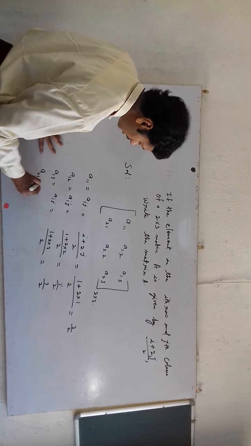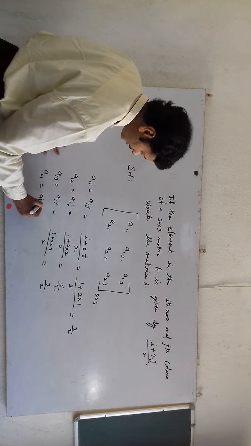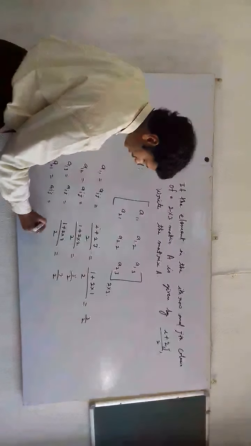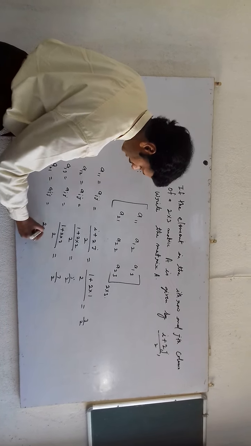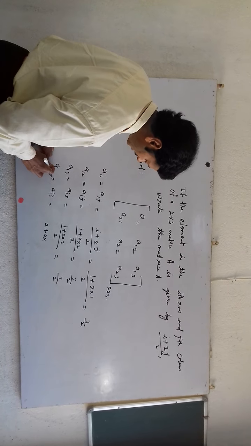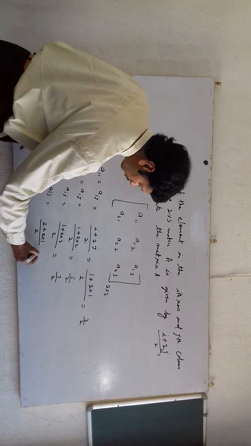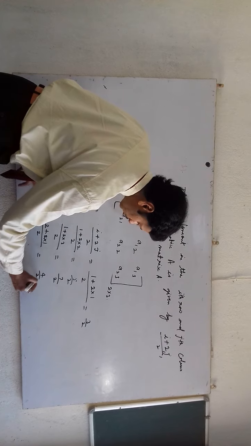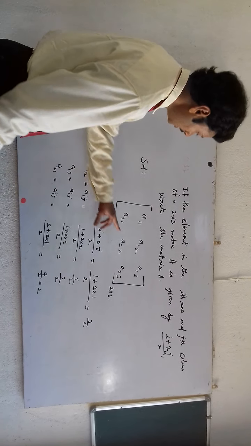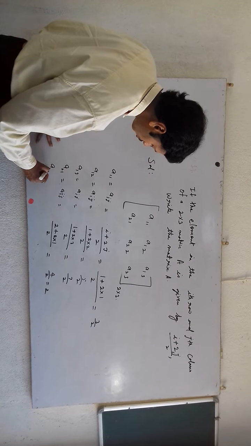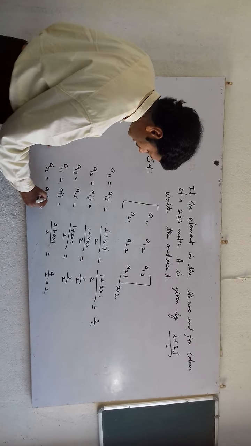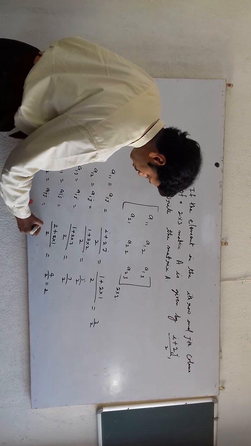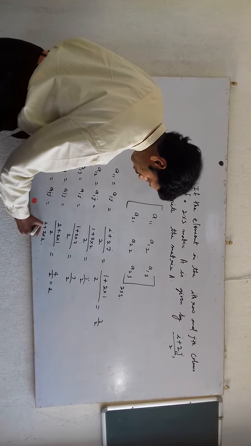The fourth element a21, here aij, you can see i is 2, so we write 2 in place of i, plus 2 into j is 1, upon 2. So on solving, 2 plus 2, 4 by 2, we get 2. Next element is a22, that means aij. Here i is 2, plus 2 into 2, upon 2.